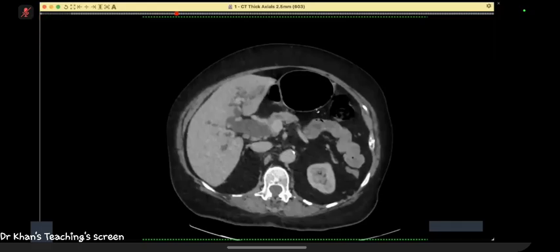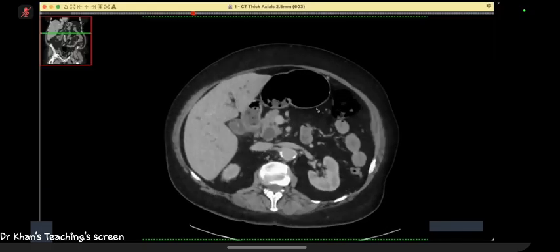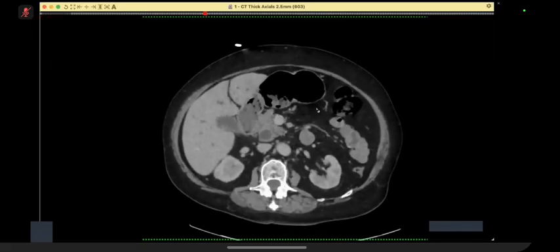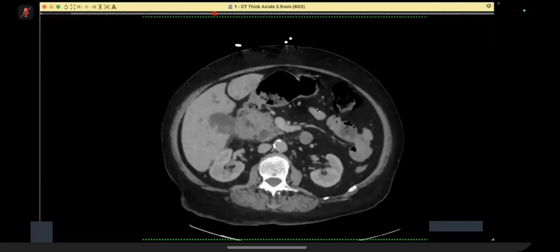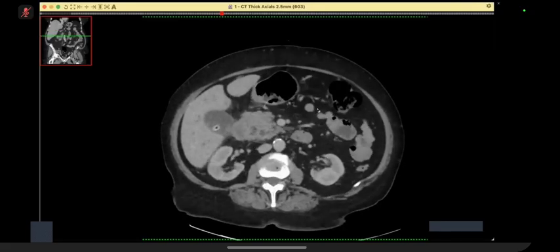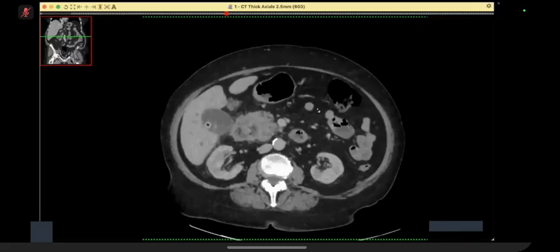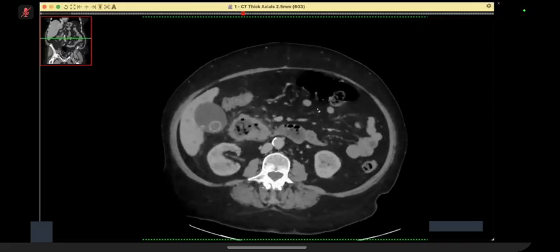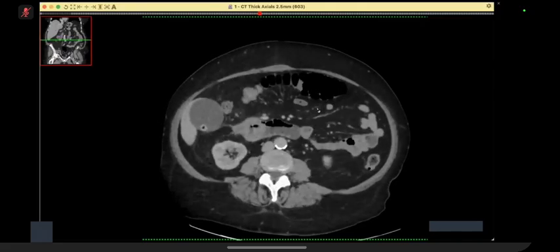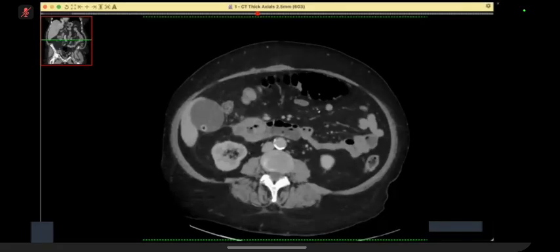Again I can see that the HBRs and CBD are dilated, and as they're coming down, yeah, there is some soft tissue near the ampulla again.